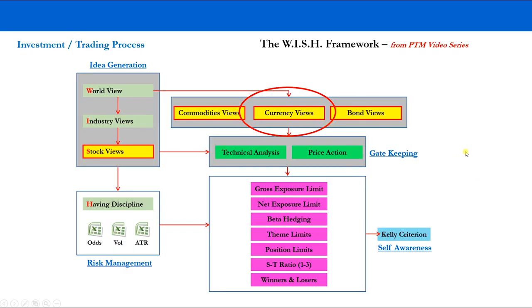So we actually apply the same approach, but the systematic process is tweaked for the nuances and behaviors specifically of the Forex markets, because although a lot of the drivers for stock markets and currency markets overlap in macroeconomics especially, there are specific drivers that we have to look at and focus on within currency markets themselves.